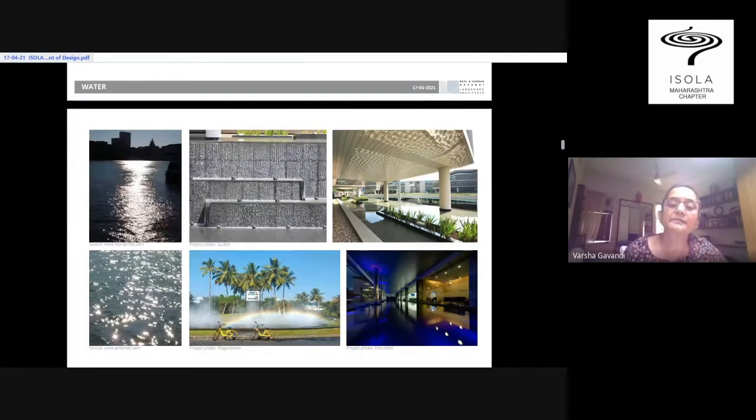The third quality, and I feel a very important quality in water, is the way it changes its visual quality depending upon how the light falls on it. So there is sparkling water, there is shimmering water, there is a rainbow in the mist, there's reflection because of the kind of light that falls on that water.